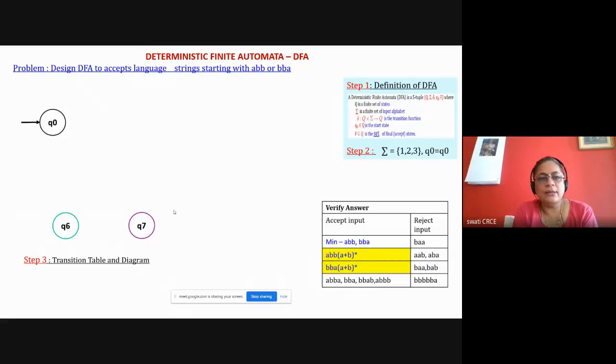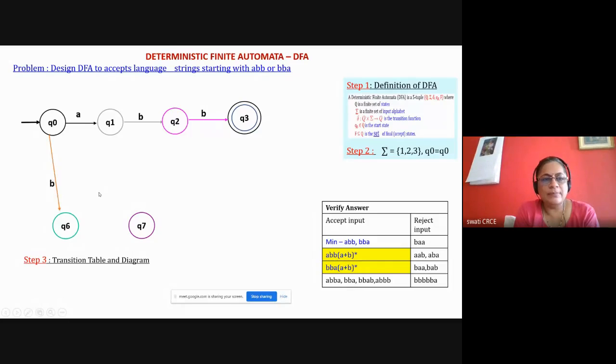Okay, so A double B is going to the final state. Then with B, B, A, it will go to the final state. After that, anything can be there. So I'll say that this is for A, this is for AB, this is for A double B. This state is going to remember B, then double B and double BA.